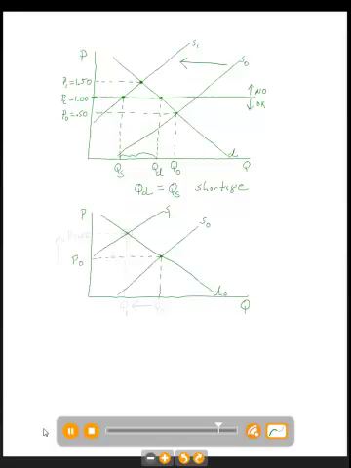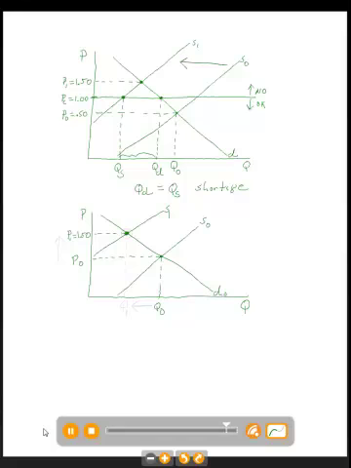So there's our initial price, and there's our initial quantity. But you notice without the price ceiling, now we're allowed to achieve a new equilibrium that is much higher than what it was before, of $1.50 per gallon.